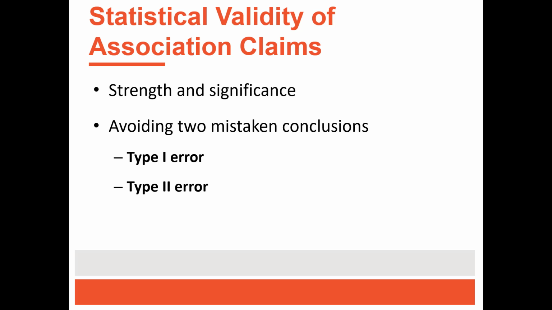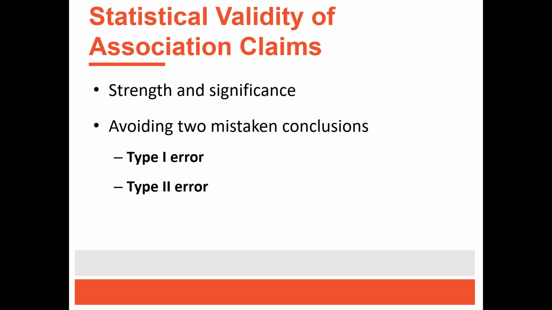Some associations are strong, and others are weak. Remember that the stronger the association, the more accurate our predictions will be. Statistical significance is whether an association is, well, statistically significant. If so, then the result is probably not due to chance based on that sample. If an association isn't statistically significant, then the result probably is due to chance.